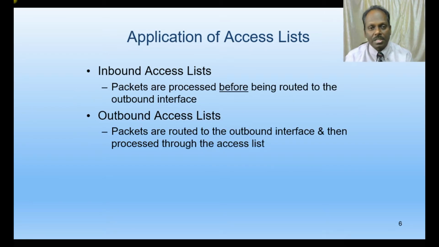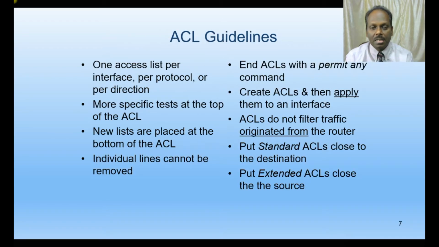For every access list, there is inbound and outbound. In an inbound access list, packets are processed before being routed to the outbound interface, and in an outbound access list, packets are routed to the outbound interface, then processed through the access list. Now, some of the important guidelines.